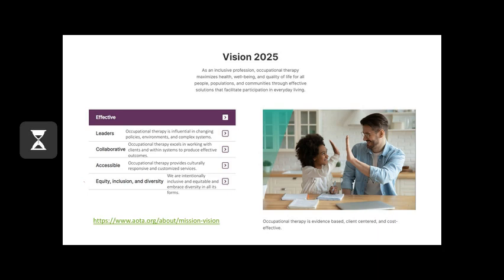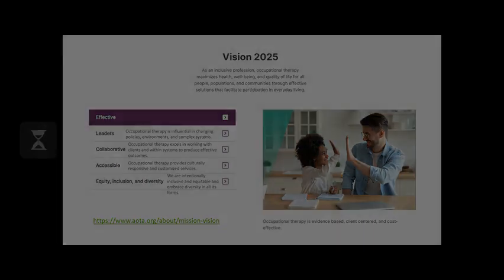So, this is Vision 2025. This is in our scope of practice. If you want to know more, go visit the website. This is foundational, not just to pediatric practice, but to all OT practice.